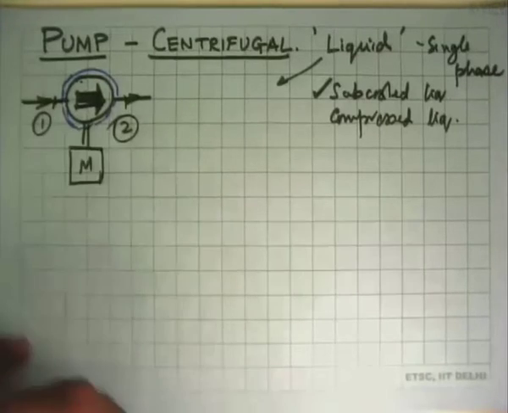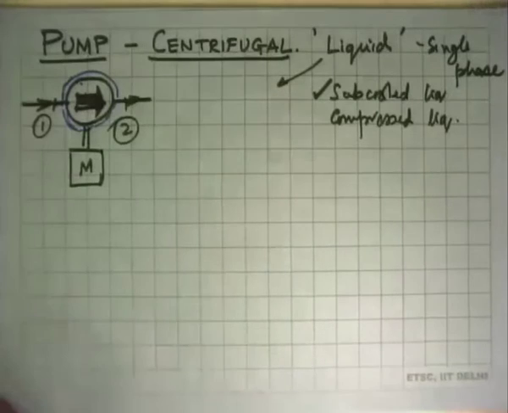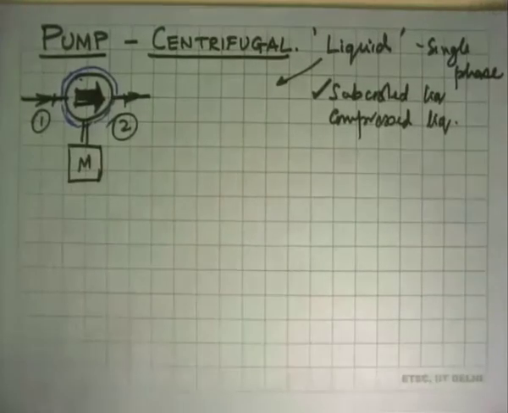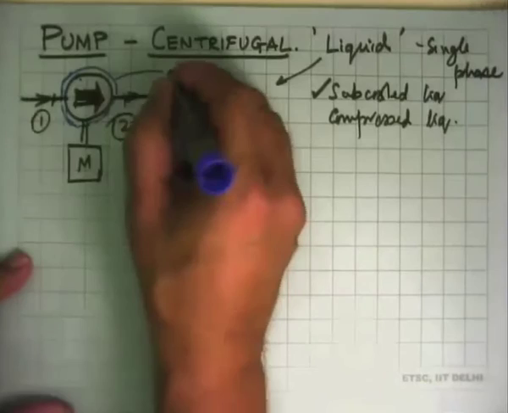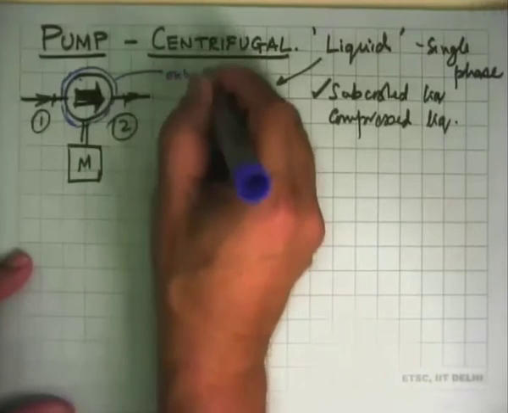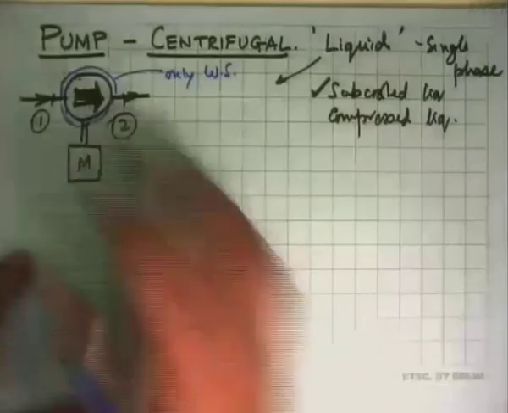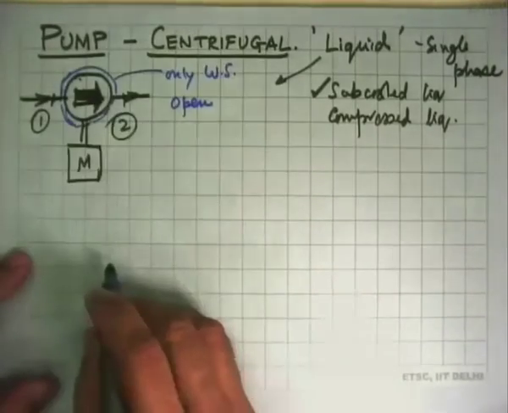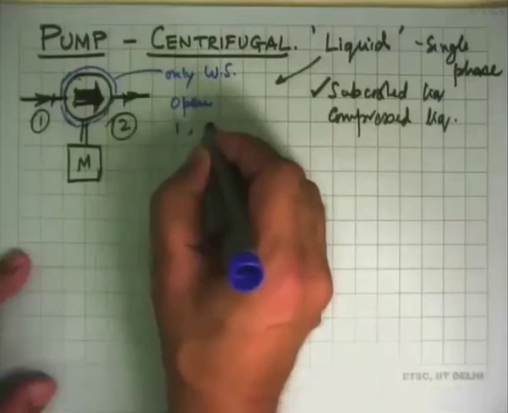This could be a motor or a diesel engine, like you see in agricultural applications. So there is work input to the pump. We say that our system is everything inside this, but that's only the working substance there. No metal, oil, anything else is considered. This system we know is an open system, so there is one inflow, one outflow.